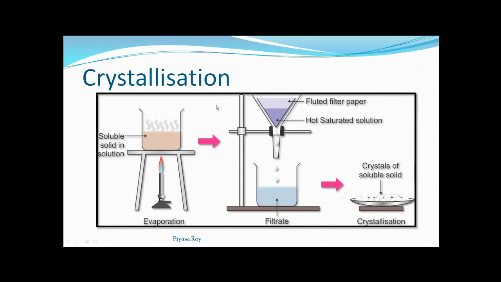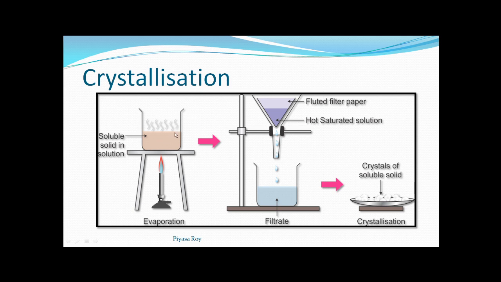Next, crystallization process. This is another process which we can use to separate a soluble solid-liquid mixture. The substances, the particles or the solutes which are soluble in water can be separated in this manner.